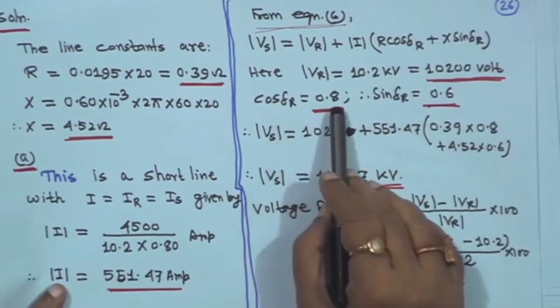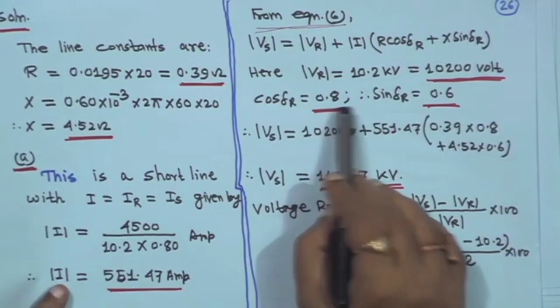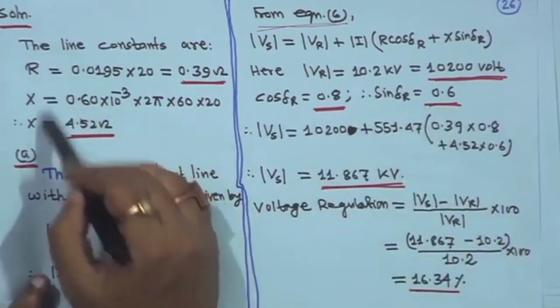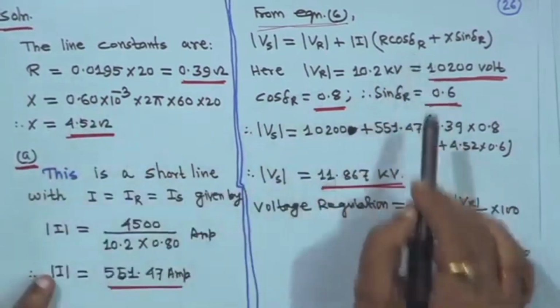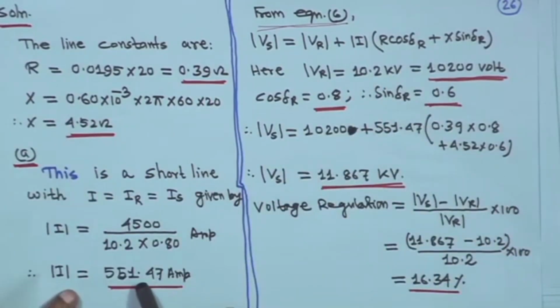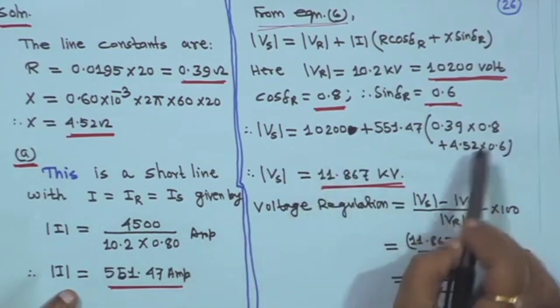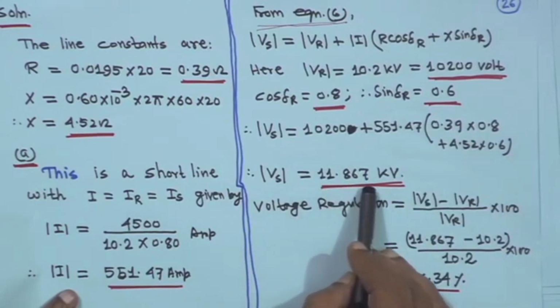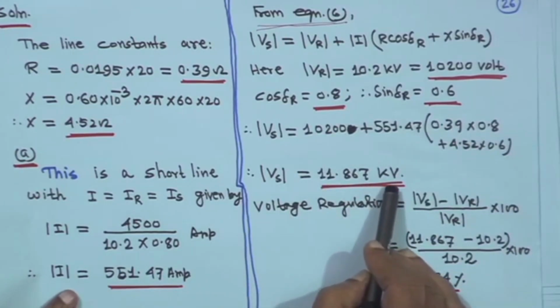So, cosine delta_r is equal to 0.8, so sine delta_r is equal to 0.6, right, and R and X values are known here. Substitute everything here, and the magnitude of the current 551.47 is also known. You will get the sending end voltage is equal to 11.867 kilovolt, right.